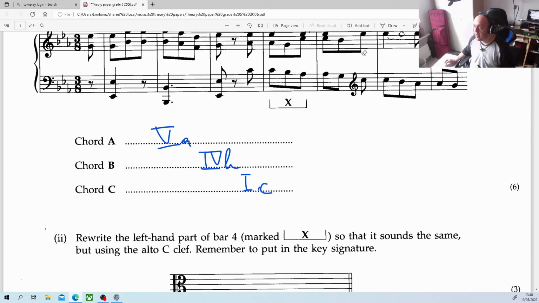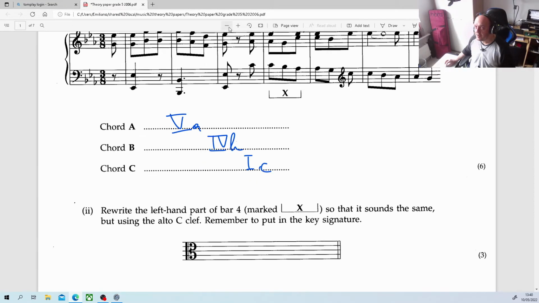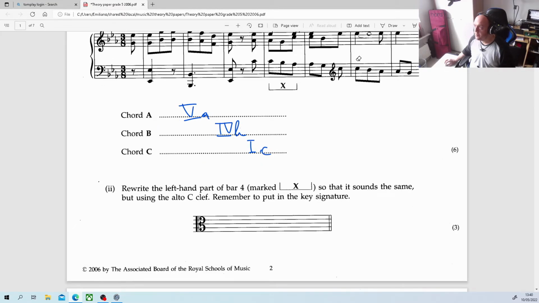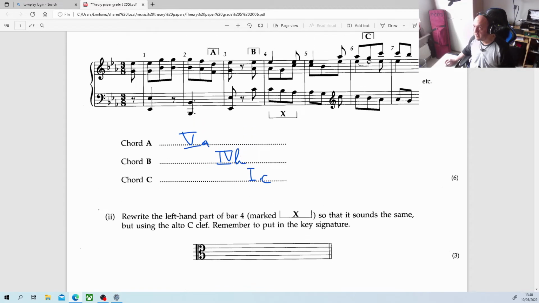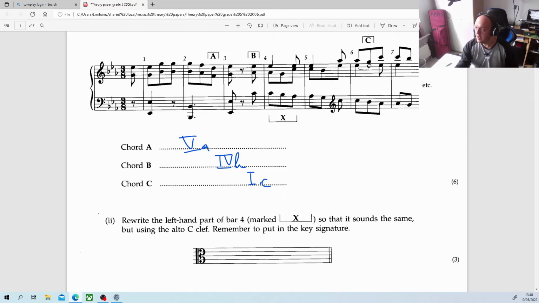So maybe I can make that a little smaller so we see everything. So I've got to rewrite the left hand part of bar 4 in the alto clef, and the key signature. So a key signature of 3 flats in the alto clef.